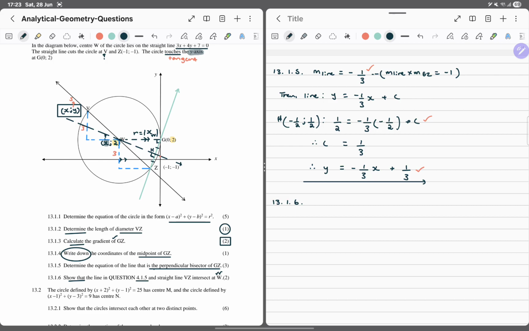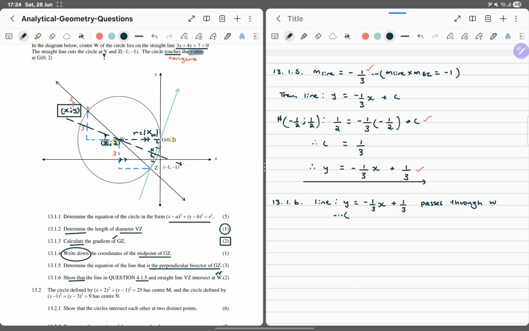So what I would say, I would just say the line y equals minus 1 over 3x plus 1 over 3 passes through W. Why do I know this?